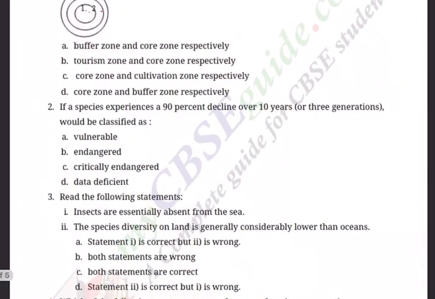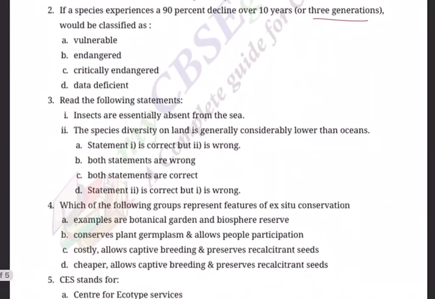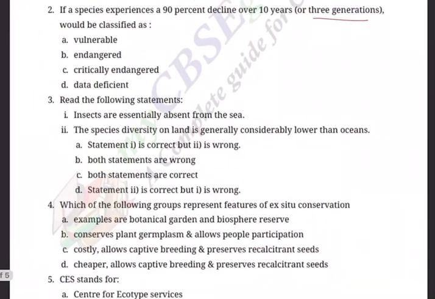Question 2. If a species experiences a 90% decline over 10 years or 3 generations, it would be classified as A. Vulnerable, B. Endangered, C. Critically endangered, D. Data deficient. Question 3. Read the following statements. 1. Insects are essentially absent from the sea. 2.